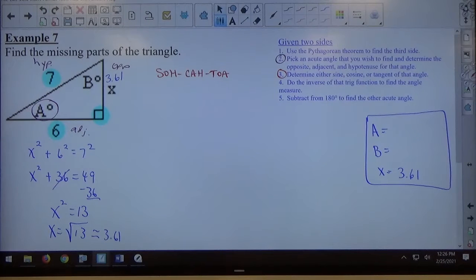So if I'm looking at the three sides and asking myself what's going to give me the most reasonable answer, the most accurate answer, the numbers they gave me in the problem, 6 and 7, represent the two sides that are exactly right. 3.61 represents the side that's sort of kind of right. We've rounded it, we've approximated it.